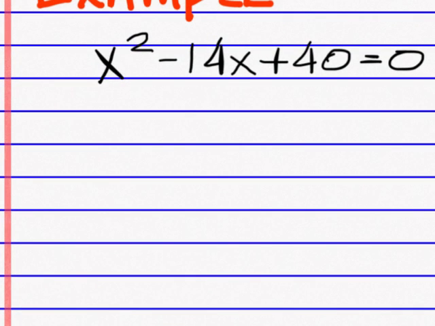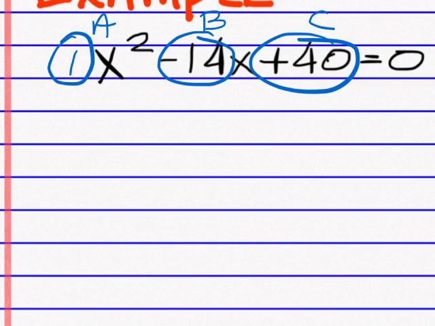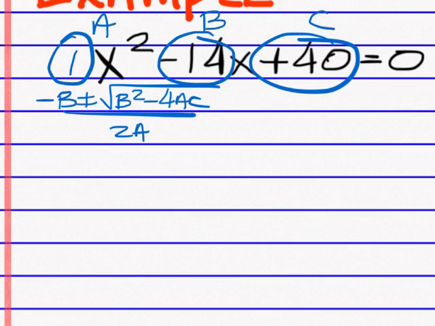What is A? A is 1, and it's from right here. What is B? Negative 14, and what is C? 40. So it should be a negative B plus or minus the square root of b squared minus 4ac, all of that over 2a.